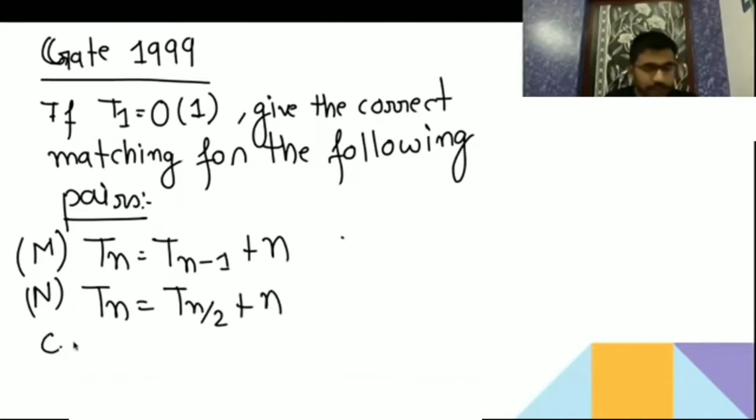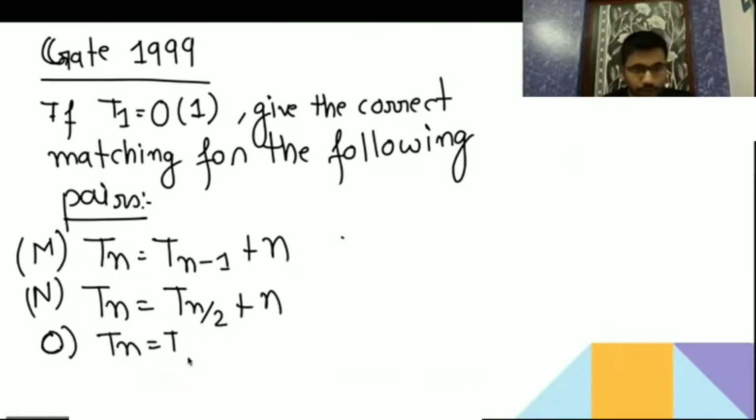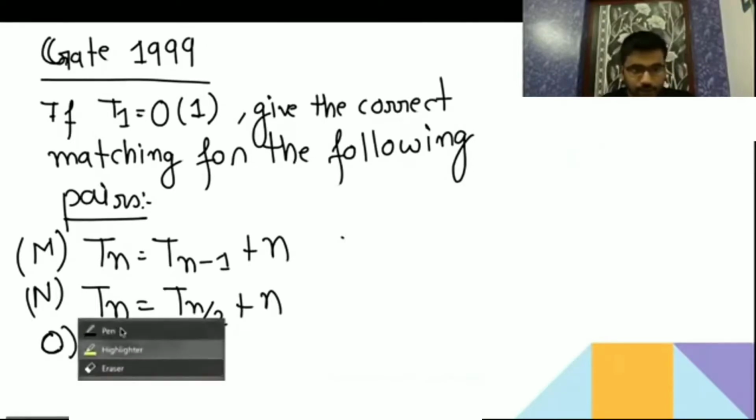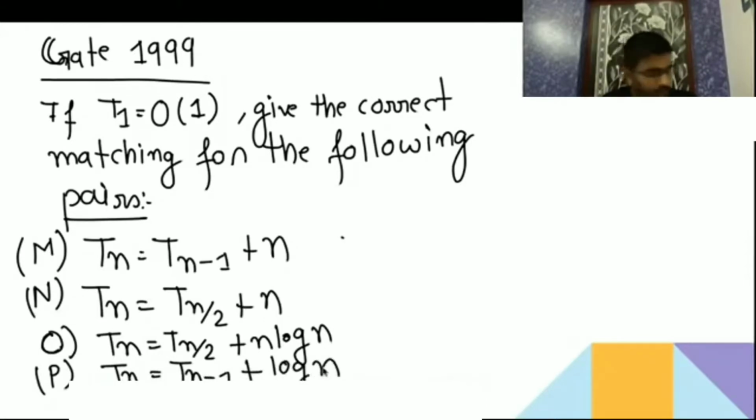Then O, they have given T of n is equal to T of n by 2 plus n log n. And option P is T of n equal to T of n minus 1 plus log n.